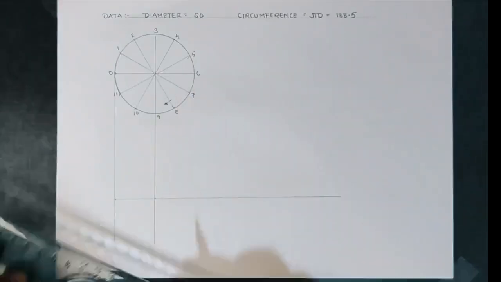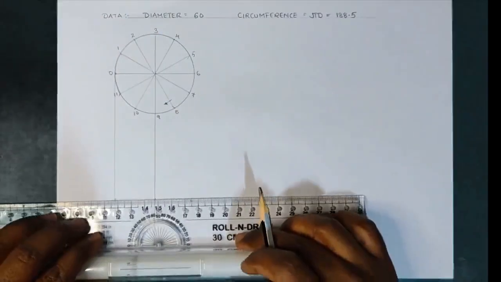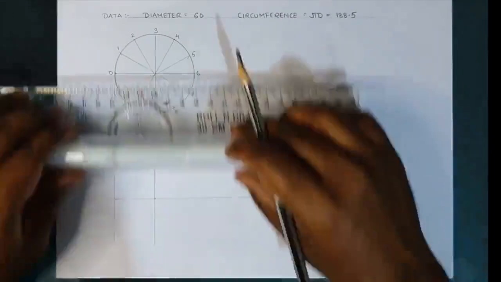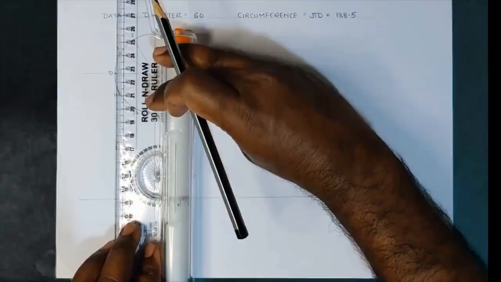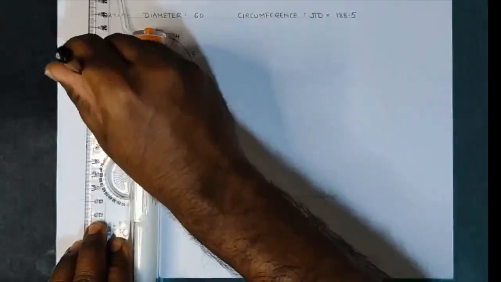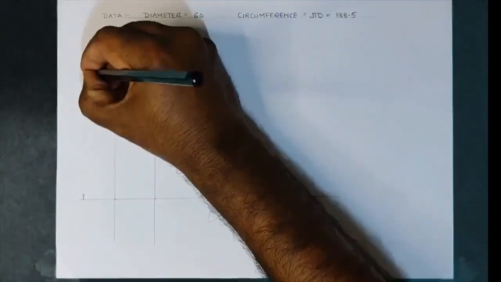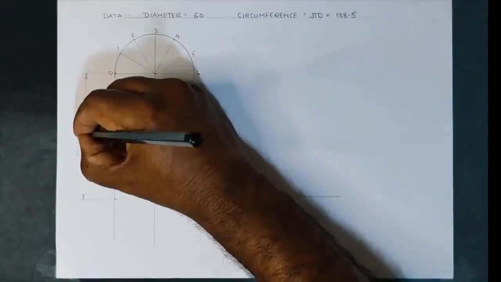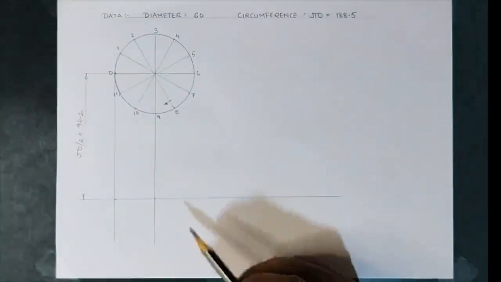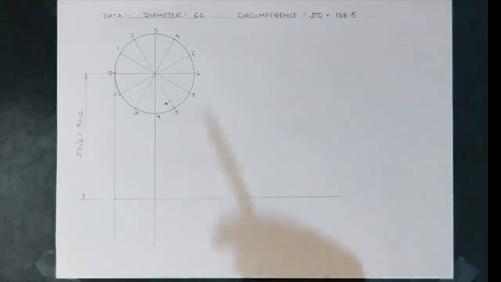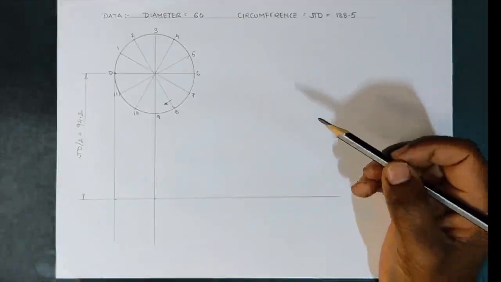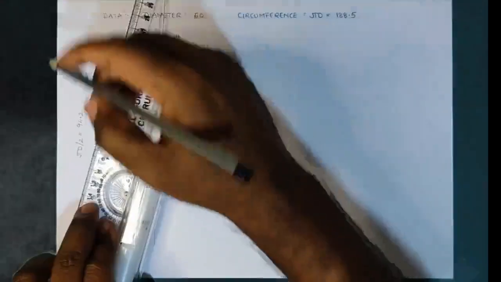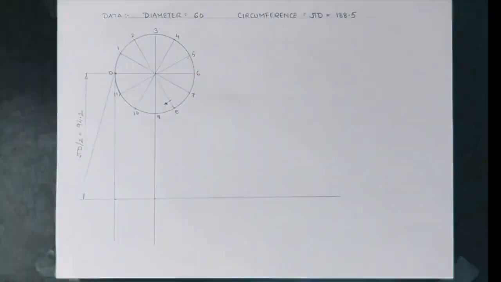Next, I divide the half circumference distance, that is 94.2 mm. This distance of 94.2 mm I'll be dividing into 6 equal parts, that is half the circle, because it rotates by half rotation vertically.